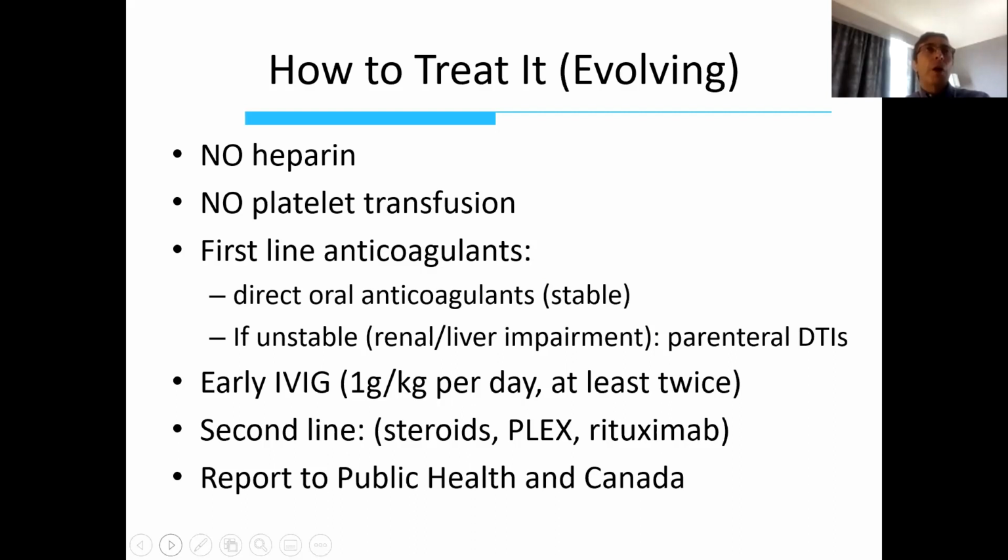There should also be immune modulatory initiatives such as the administration of IVIG or steroids or even rituximab or plasmapheresis, and these patients should immediately be reported to Public Health in Canada. Next slide, please.